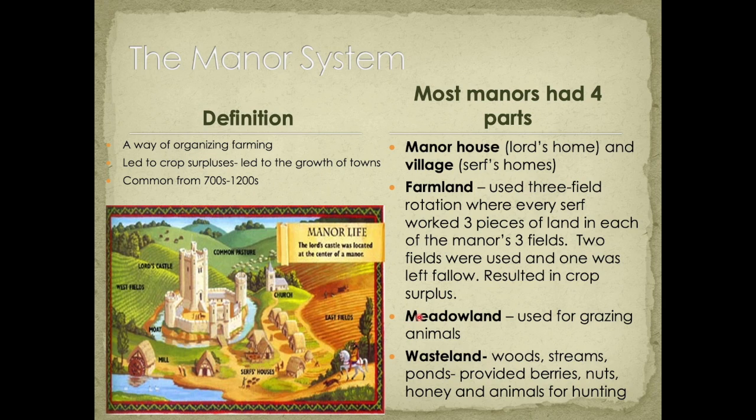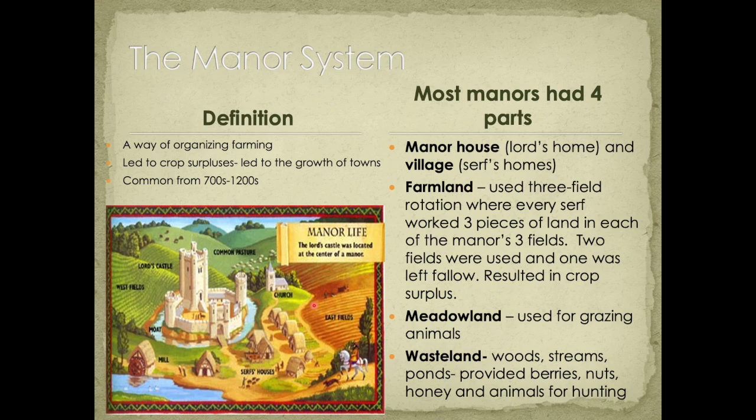The meadowland is used for grazing animals, so you have sheep, cows, whatever out here. The wasteland, woods, streams, and ponds provided berries, nuts, honey, and animals for hunting. You have the east fields and west fields, based on this picture, which are the fields that the serfs farmed. Very important, you have the church. The church had a large role in everyday life during this time period.